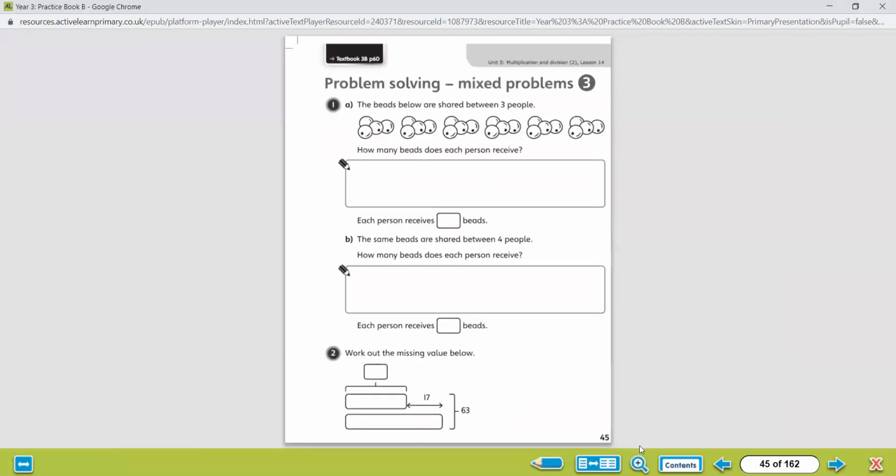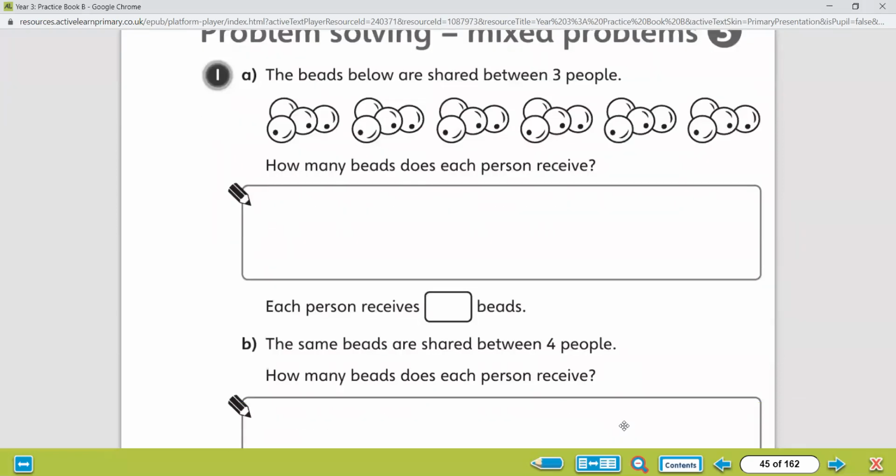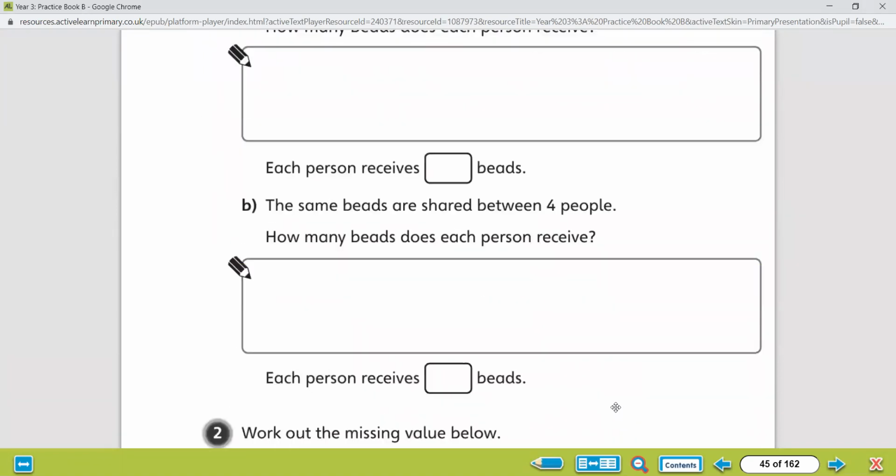And have a look at B. I'd like you to have a go at B. B says the same beads are shared between 4 people. How many beads does each person receive? Remember, there are 24 beads. And if you're sharing, are you going to divide or multiply?